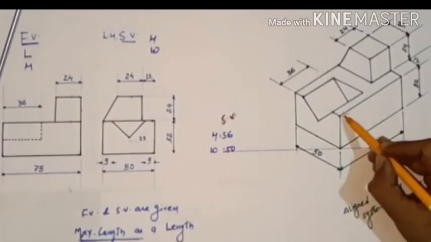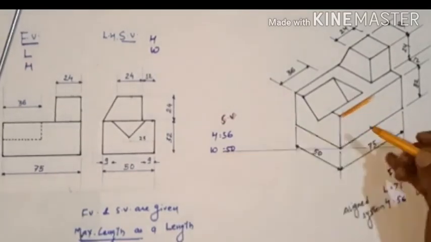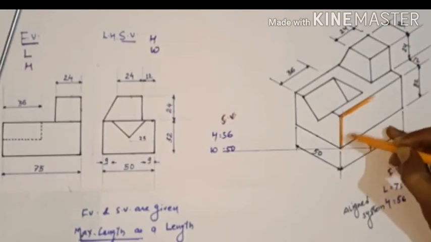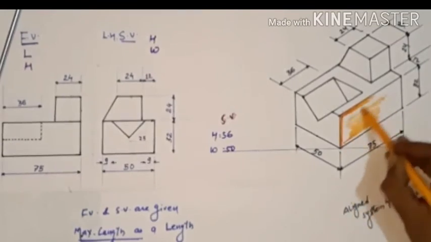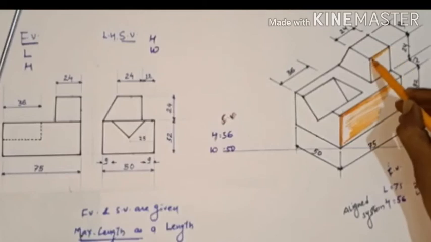So this initial box, these yellow color lines, right, is your source, the front view, and here this box.